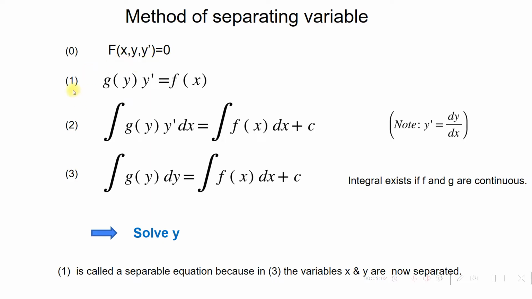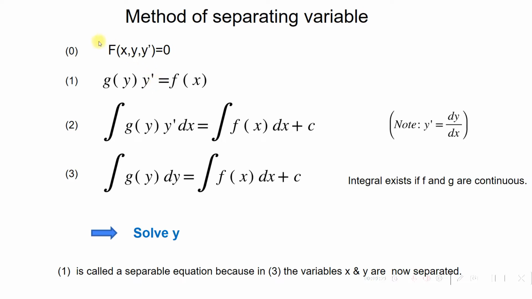On the other hand, equation 1 looks simpler because all the x terms are on the right side and all the y terms on the left side, except dx as the denominator of y prime.